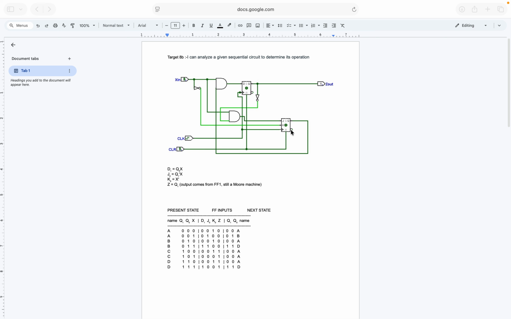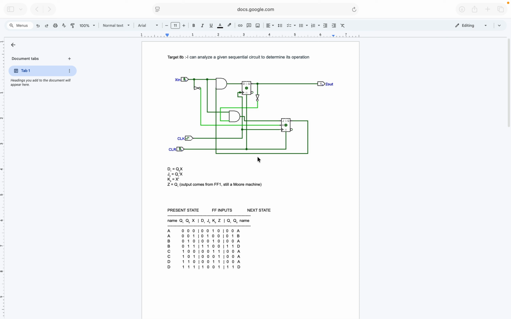The Boolean equations for the circuit are D1 equals Q0 times X, J0 equals Q1 X, K0 equals X prime, and Z equals Q1. The output comes from FF1 only. Still, it is a Moore machine.